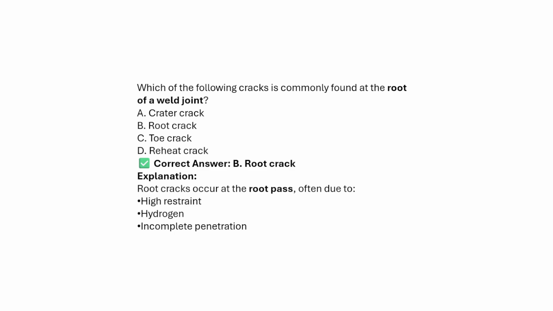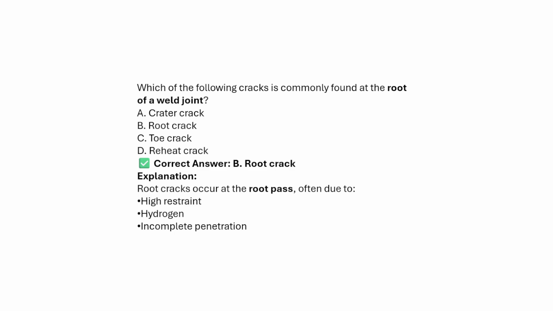Okay, next, which of the following cracks is commonly found at the root of the weld joint? A, crater cracking. No, crater cracking forms at the end of the weld deposition. B, root cracking, yes, that could be. C, toe cracking. No, toe cracking happens during fillet welding between the weld and base material region. D, reheat cracking.